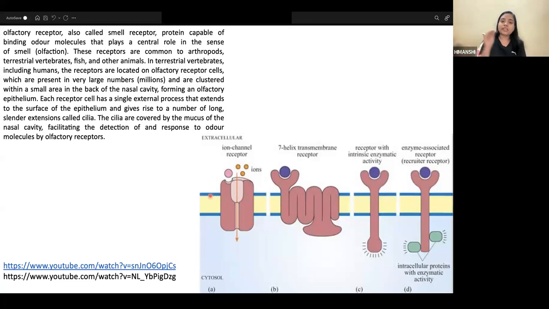Now this receiving part is done by the receptors, correct? And that is why I mentioned that receptors are the ones which help us convert the outside signal into an action. And here action is not action potential.